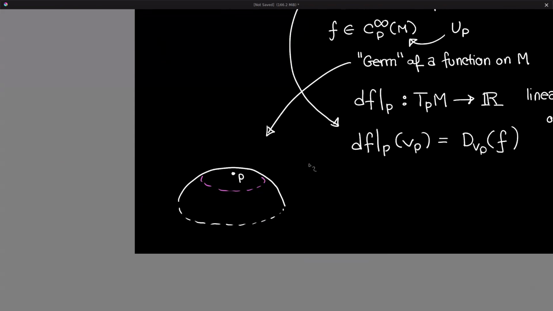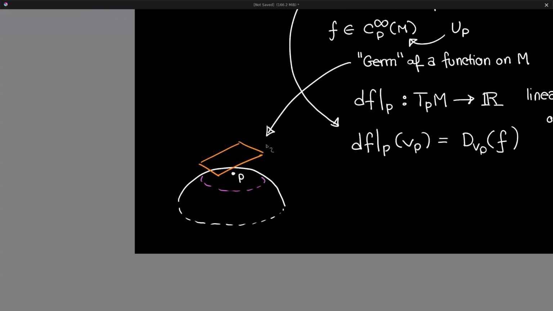The differential stores the change in every direction, not just one direction. So we need all of the functions whose behavior around P, meaning their linear behavior, is the same in every direction. So let's draw a linear function here.